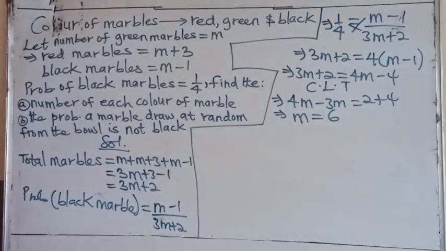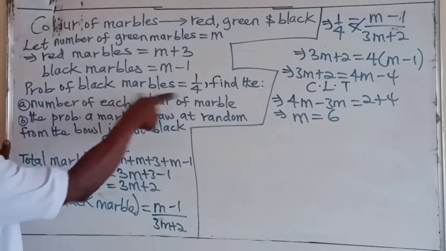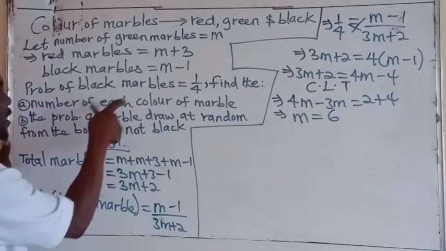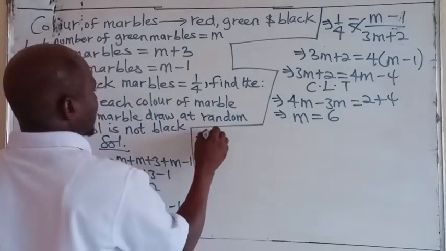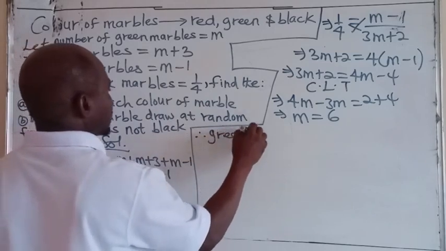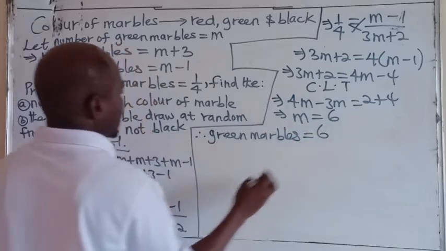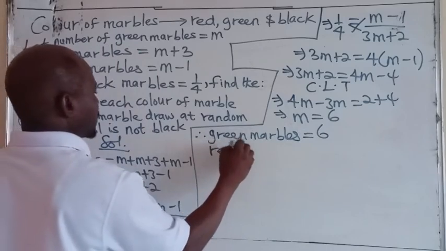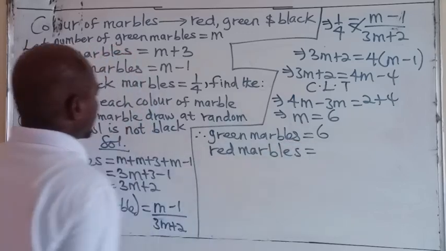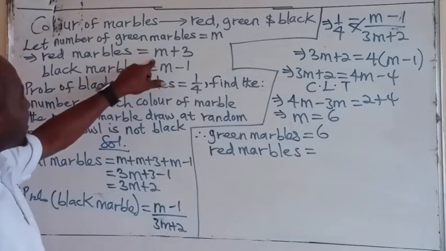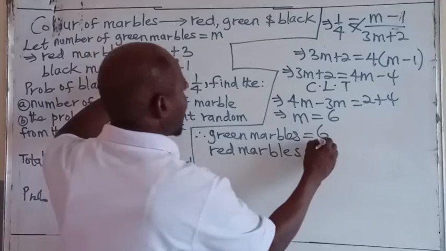So let's answer the first part of the question: find the number of each color of marble. Therefore, green marbles is equal to 6. Red marbles is equal to n plus 3, and n is 6, so 6 plus 3 is 9.